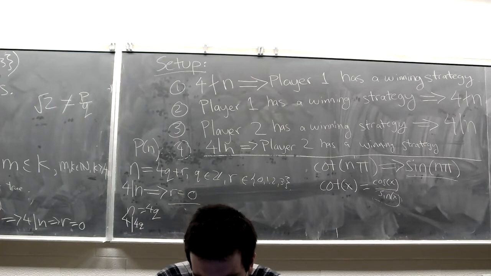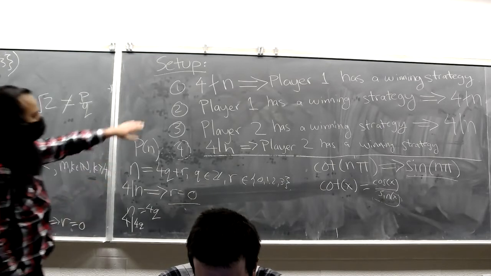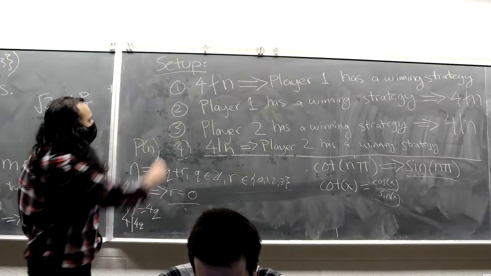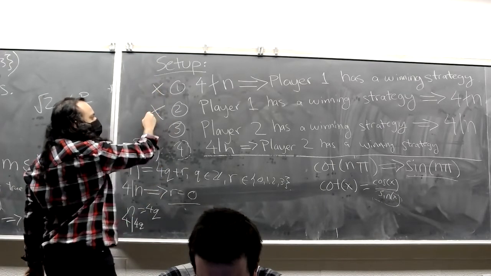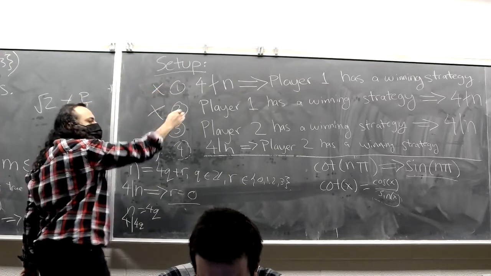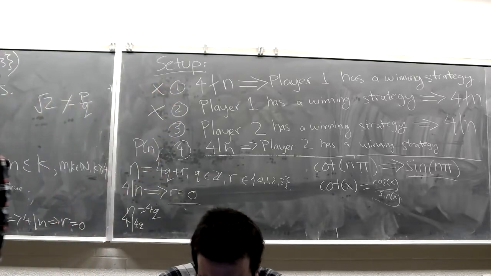Do I just have base cases and then separate them later on? Sure. You have to do base cases for each one of them separately. If you want to prove this and this, you have to do the base cases for that and the base cases for that. Yeah, you have to prove the if and the only if.